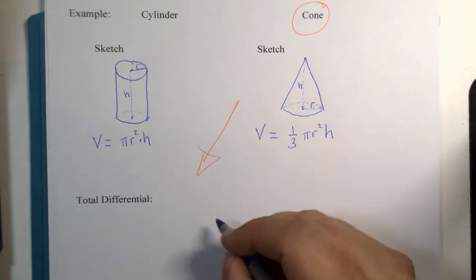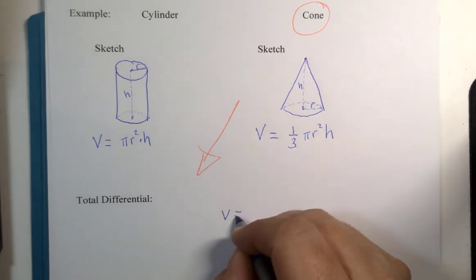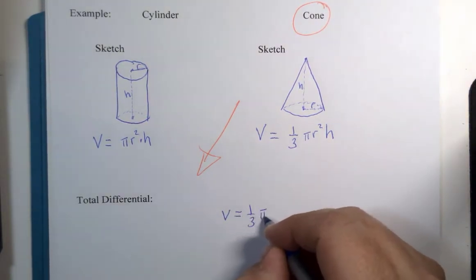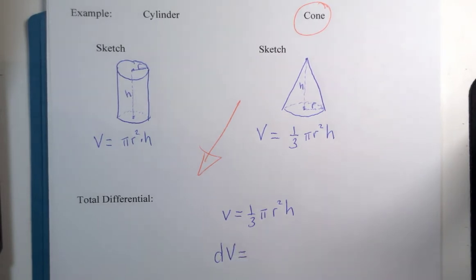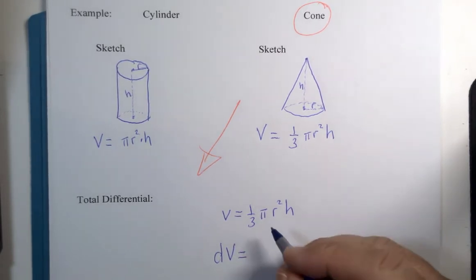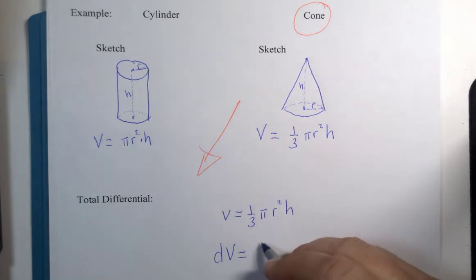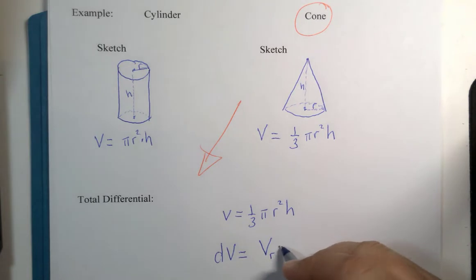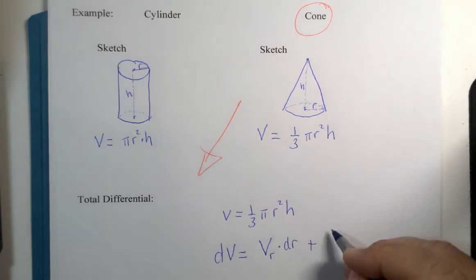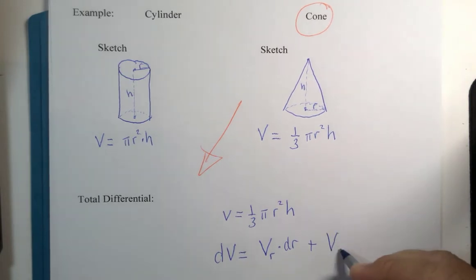So if volume is equal to 1/3 pi times the radius squared multiplied by height, then dV is equal to the following. The partial derivative of the volume with respect to its radius multiplied by dr plus the partial derivative of the volume with respect to height multiplied by dh.